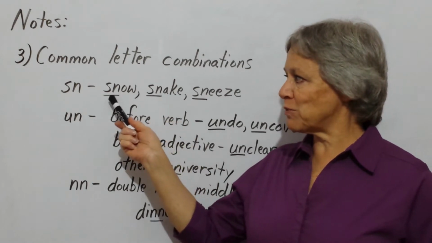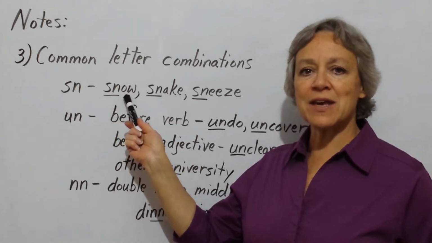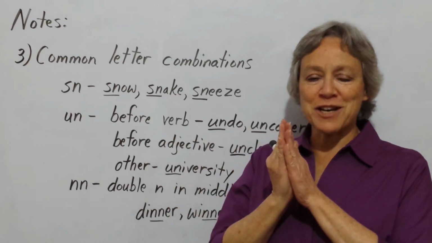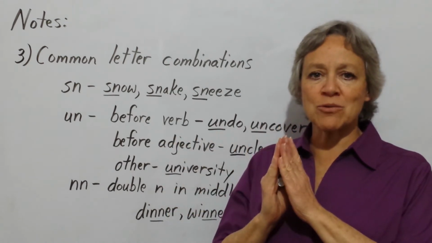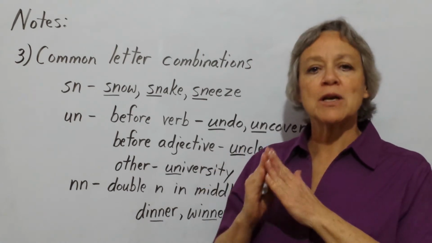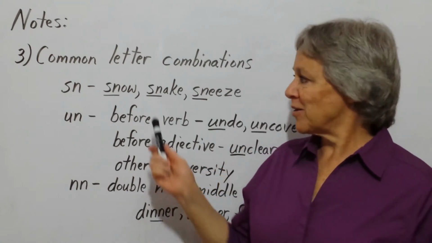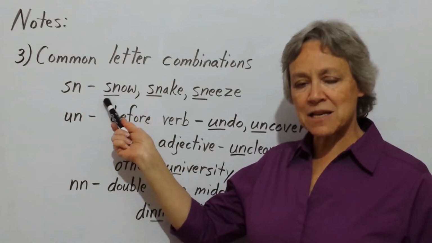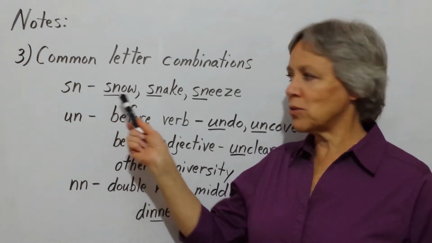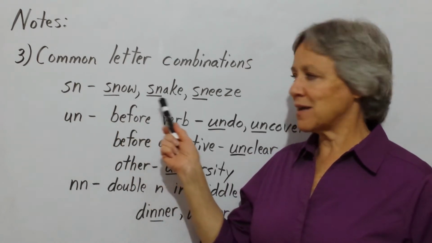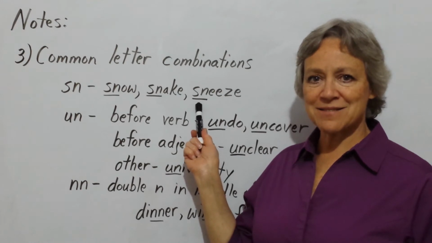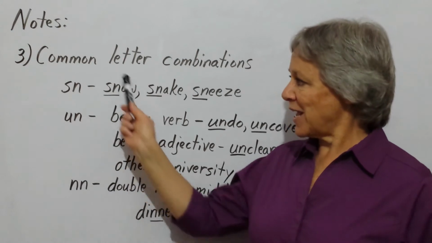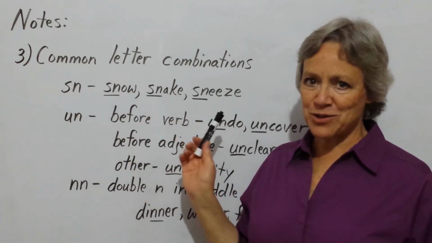When we have these words, we pronounce both the S and the N sounds, and we pronounce them together, right next to each other. There's no vowel sound or break or pause between these letters. So, snow, we go right from S to N. Snow, snake, sneeze. Okay? Very common letter combination with the N sound, and again, no break between the two letters.